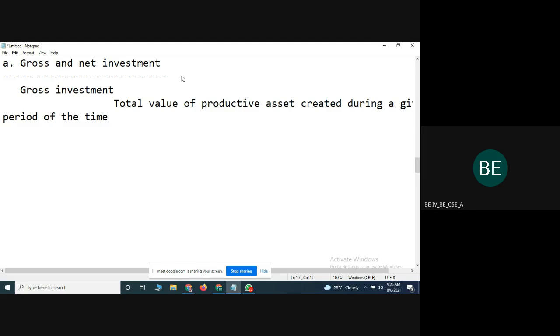So this is called gross investment: the total value of productive assets created during the given period of time.